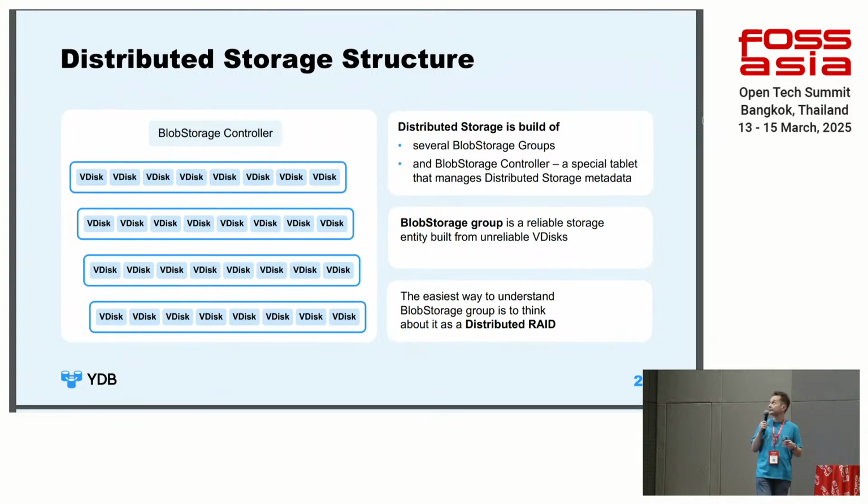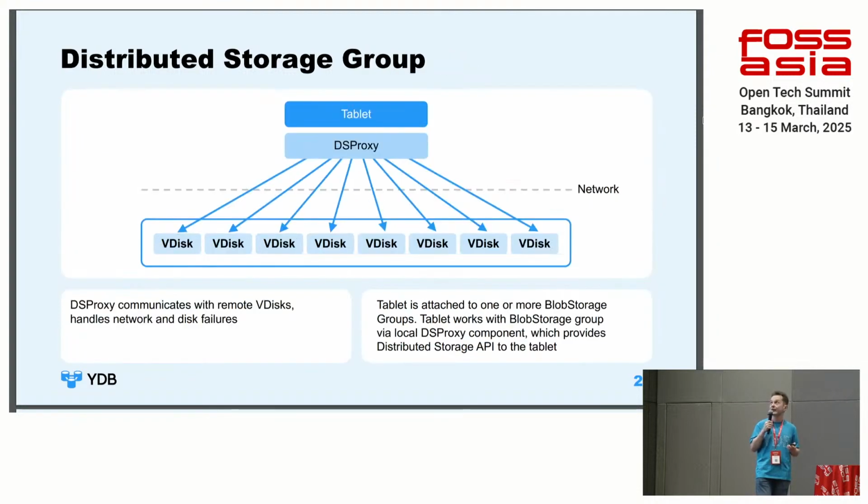And you can think about distributed storage, I think it's the best way to think about our distributed storage, as a distributed RAID. Tablets are connected to these blob storage groups. They use these blob storage groups as reliable storage for their data. And actually, there is a special entity called DS proxy.